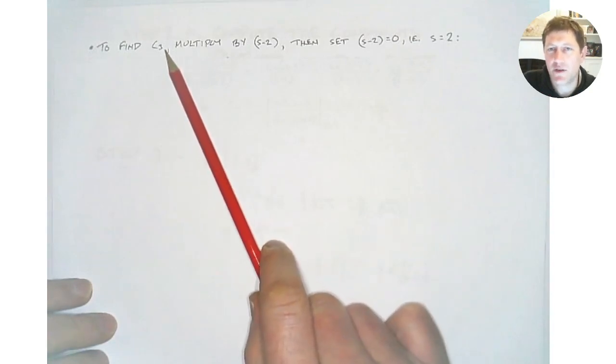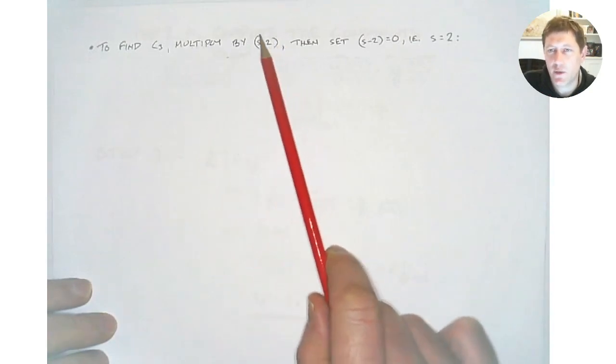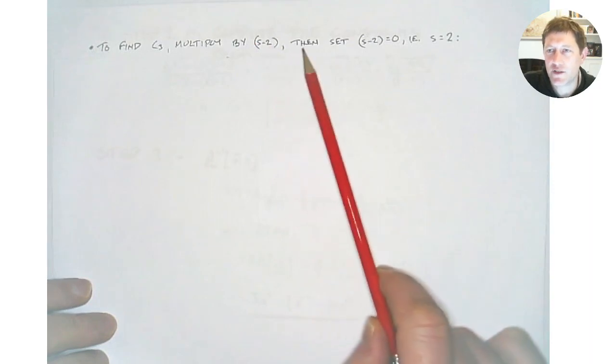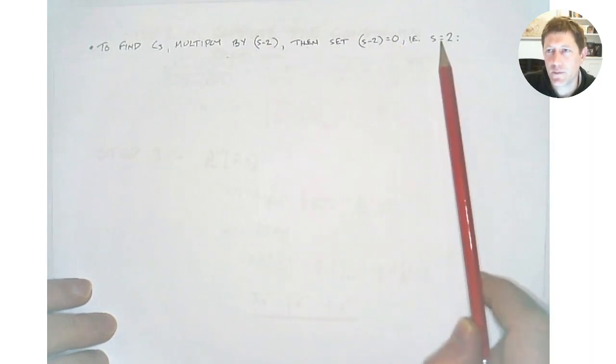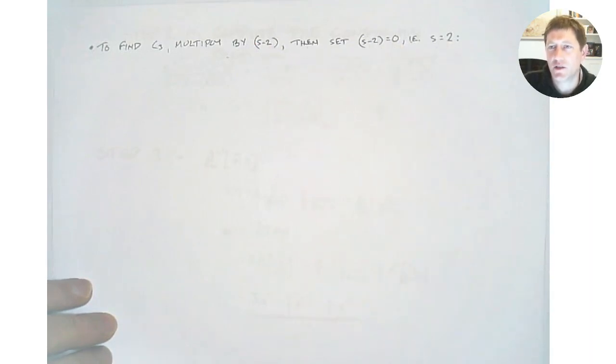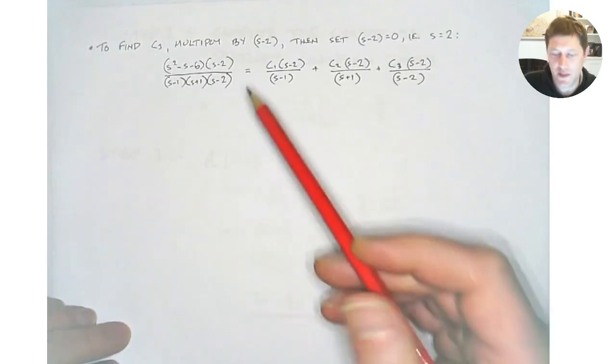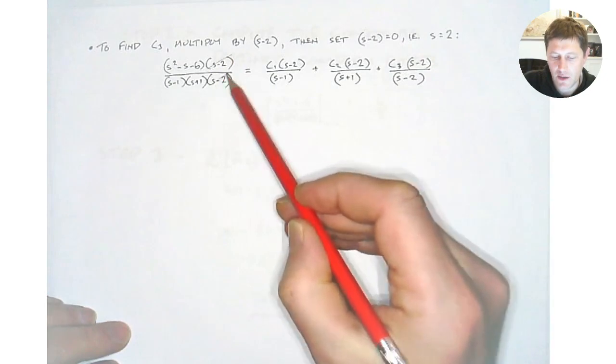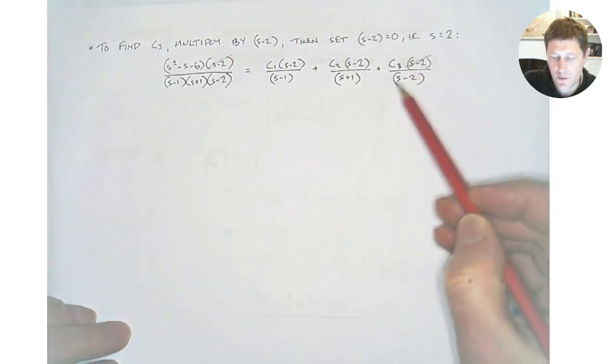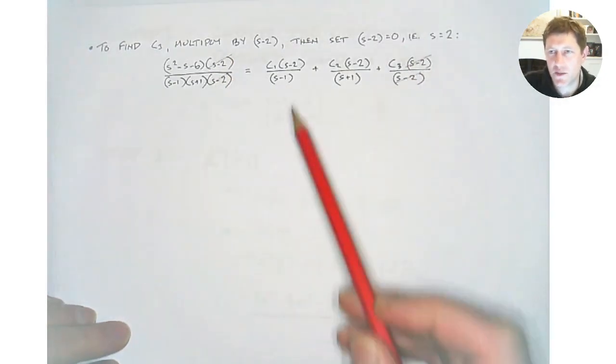Exactly the same for the third coefficient, C3. Now we multiply through by s minus 2, i.e. s equals 2 for the special case. We see it again here, so again cancel out those terms.